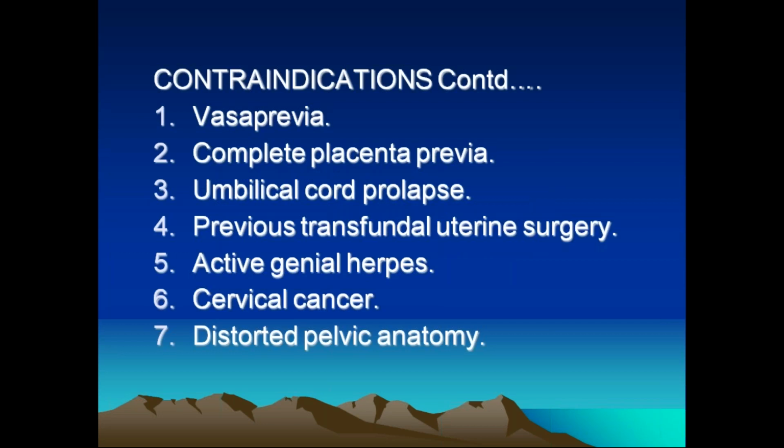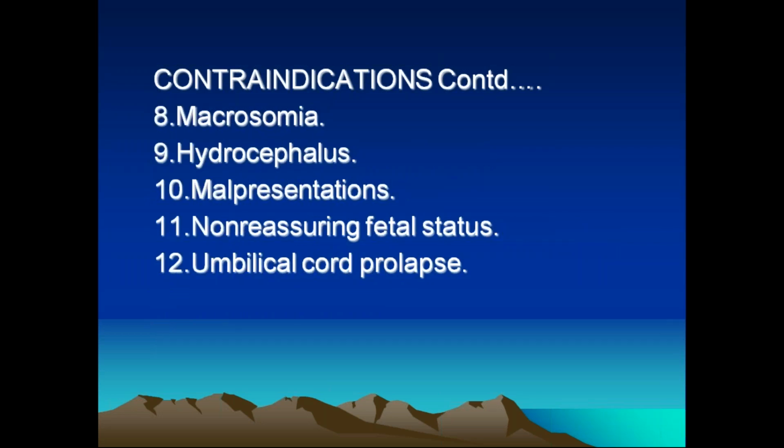The contraindications include vasa previa, that is vasculature at the cervical junction in the lower uterine segment, complete placenta previa, umbilical cord prolapse, previous transfundal uterine surgeries, active genital herpes, cervical cancer, distorted pelvic anatomy, and babies with a higher birth weight, like more than 4 or 4.5 kgs.